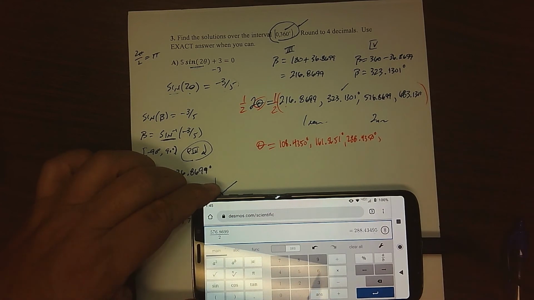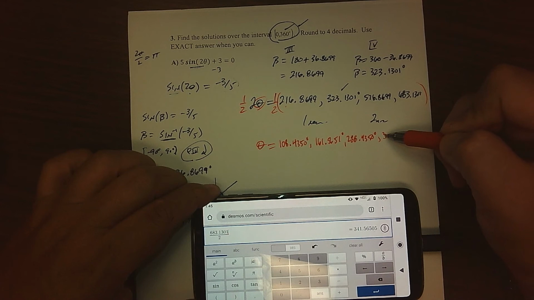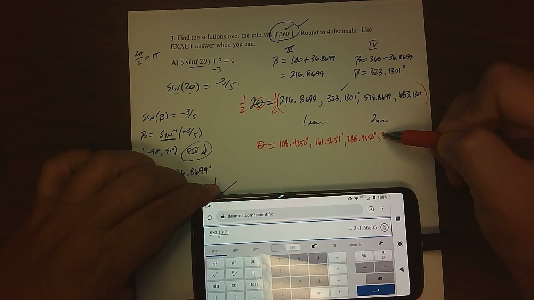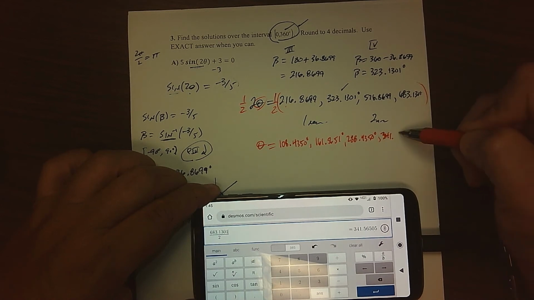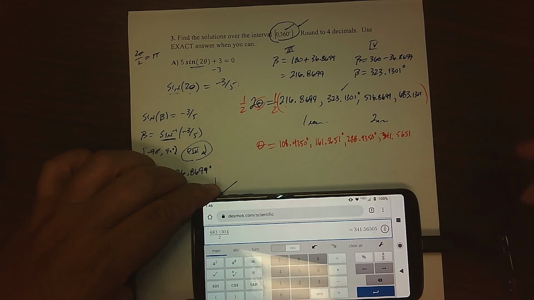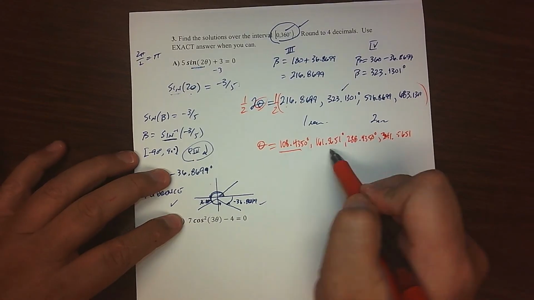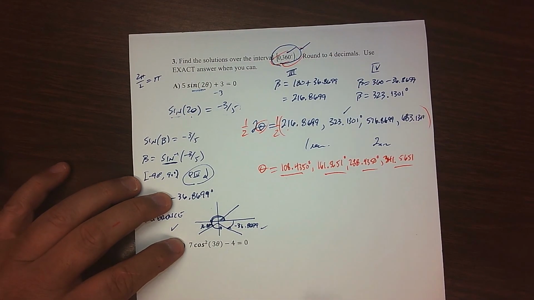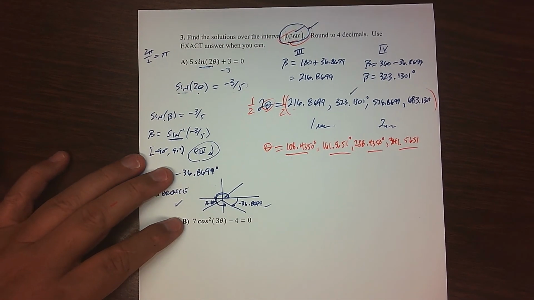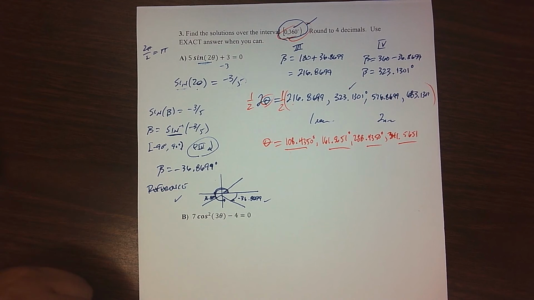And then last but not least, if we take the 683.1301, we get 341.5651. So you can see our trick again worked. It should work. All these angles fall within the first positive rotation from 0 to 360. And we're off to the races.